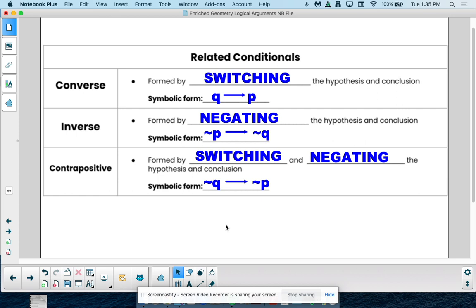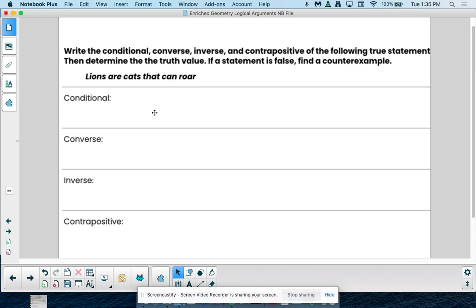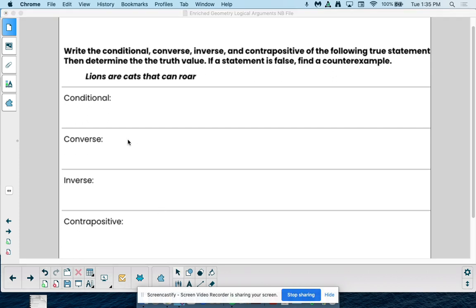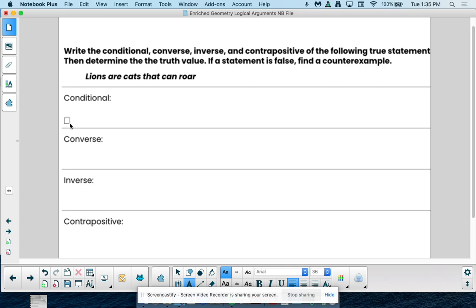So let's try one example by doing these three things, okay? It says write the converse, the inverse, and contrapositive of the statement below and determine its truth value. So it says lions are cats that can roar. How can we write that as an if-then statement? If what? Can we be more general? Can you say if an animal is a lion, then it's a cat that can roar?